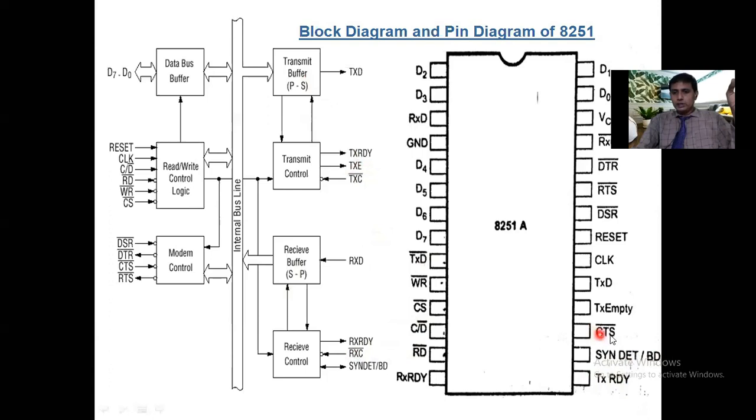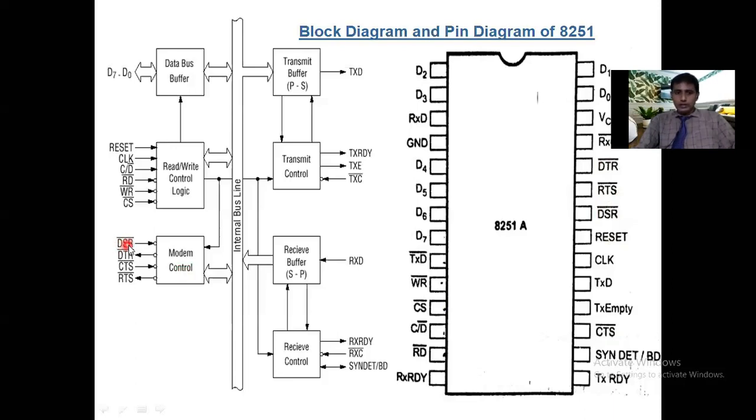Then let us see CTS bar, clear to send bar. Then request to send bar. Then data set ready bar, data terminal ready bar. See here: 1, 2, 3, 4. CTS bar, DSR bar, RTS bar and DTR bar are all mainly used to communicate between the modem control device and the external modem device.